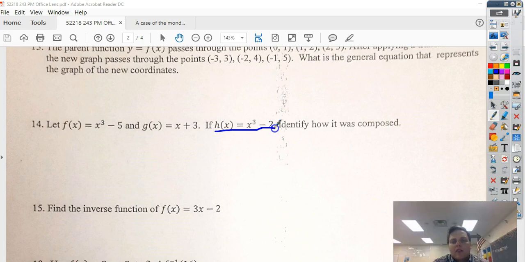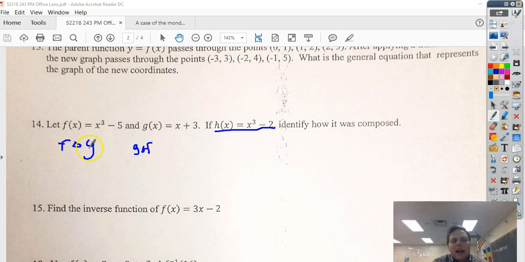I'm either doing f composed with g, or g composed with f, and it wants you to figure out which way. Well, look at what you want. You want x cubed minus 2, so you want the x cubed to kind of stand alone. Think about that for a second.